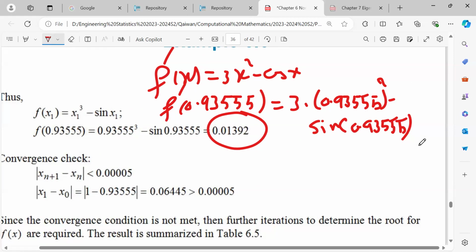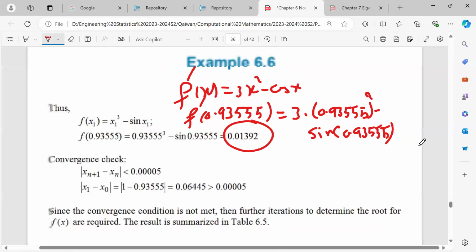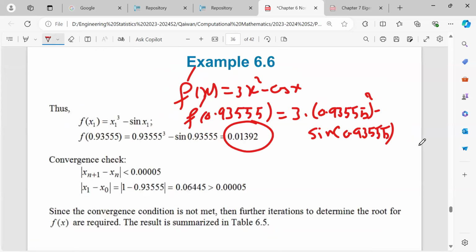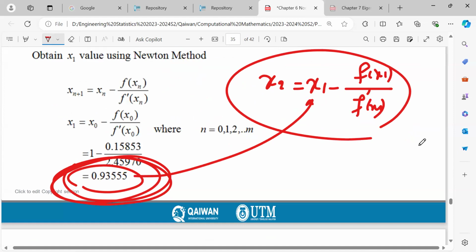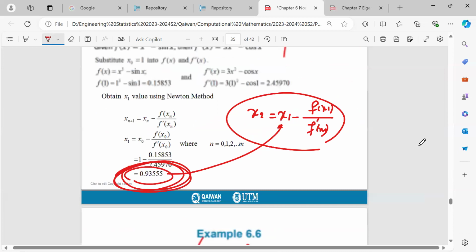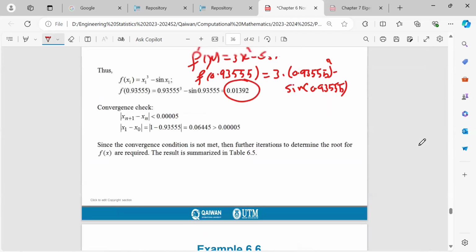Evaluate, calculate it, and you get f prime. Then we use x1, f of x1 and f prime of x1 in this rule to get x2. If f of x2 is less than epsilon, or x2 minus x1 is less than epsilon in absolute value, we say we stop at that step.